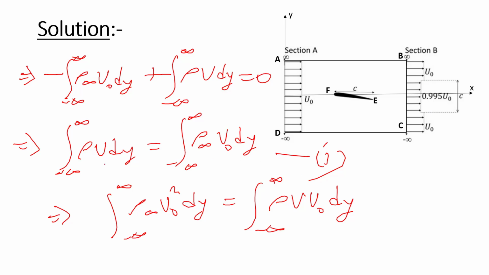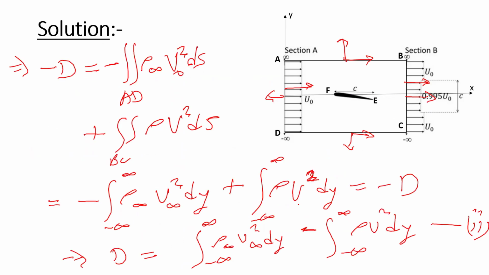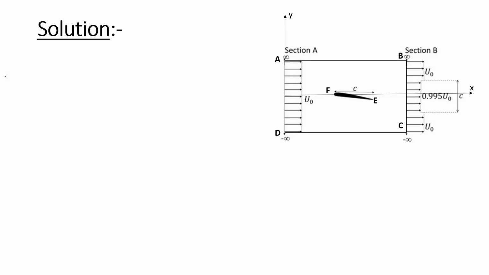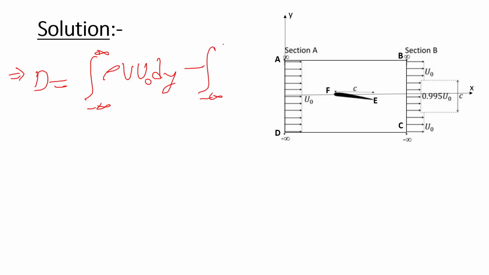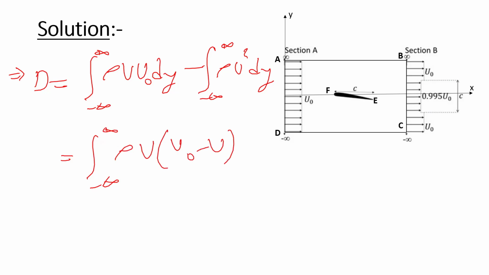So we will substitute this rho infinity u naught square by this term in the momentum equation. So our force D will become integration minus infinity to infinity rho u naught u dy minus infinity to infinity rho u square dy. So we will simplify it. So it will become minus infinity to infinity rho u (u naught minus u) dy.